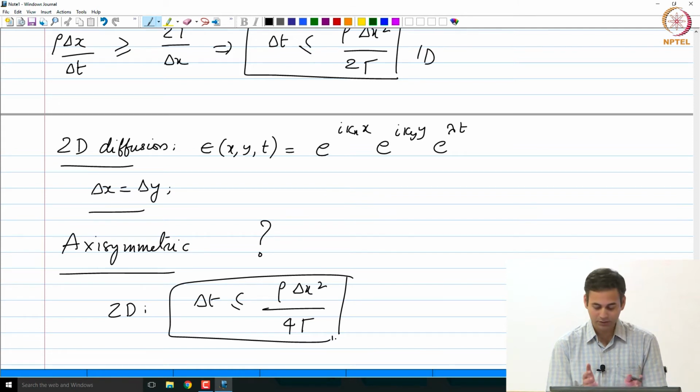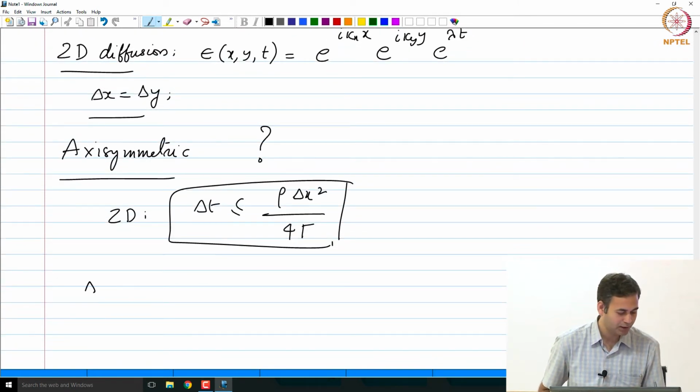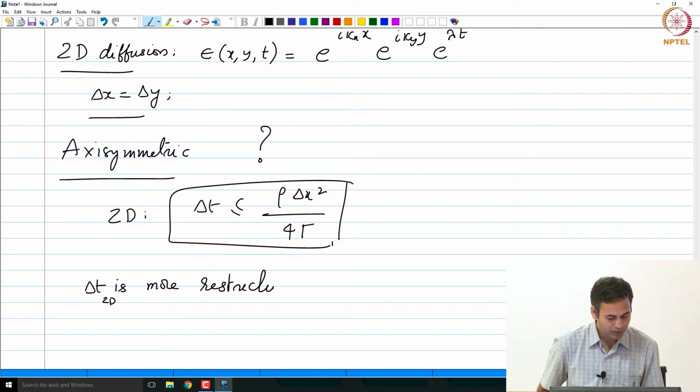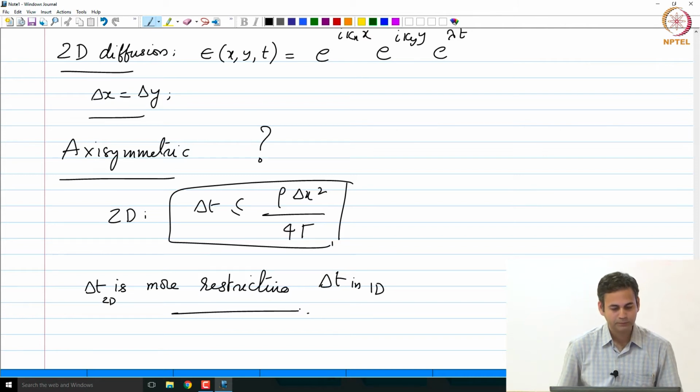So, that is what this tells us. Fine. So, the delta t in 2D is more restrictive or smaller than delta t in 1D.